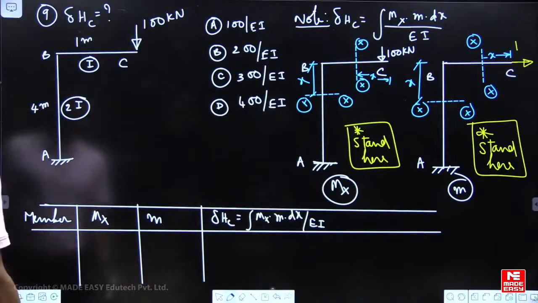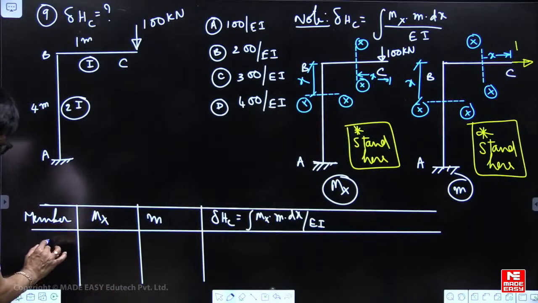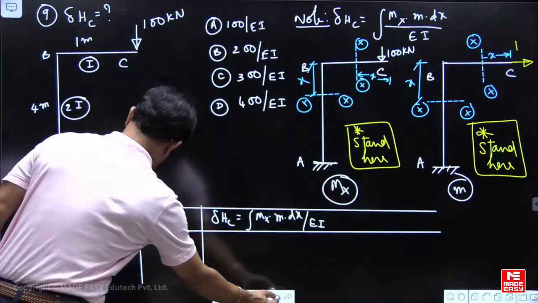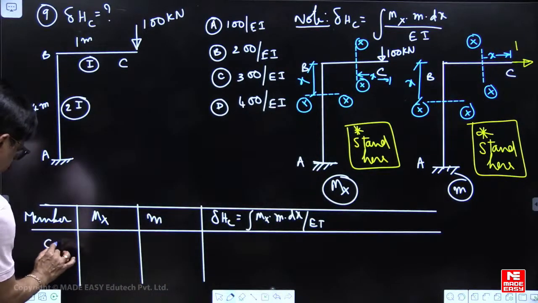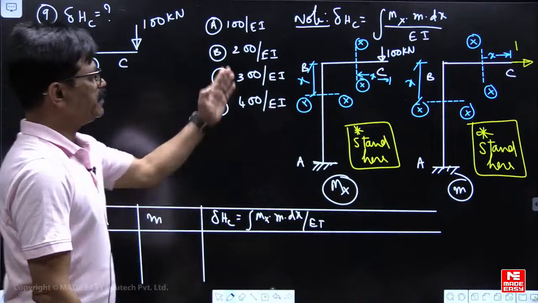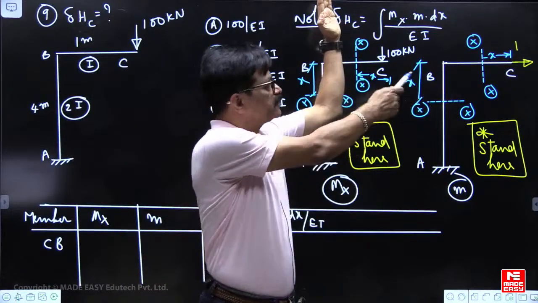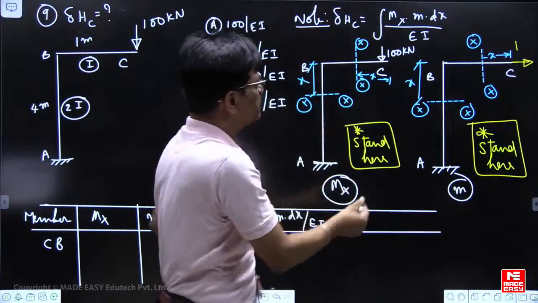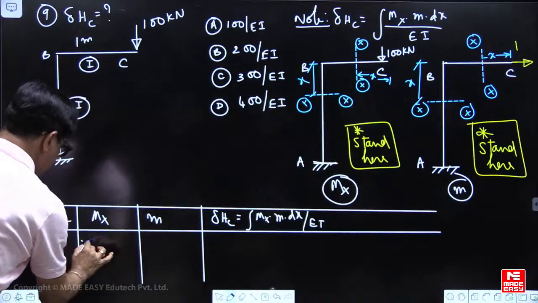First we will take BC member, or CB member, we will write it to avoid confusion. CB member, stand here, look right. Hogging, so negative: minus 100 into x.